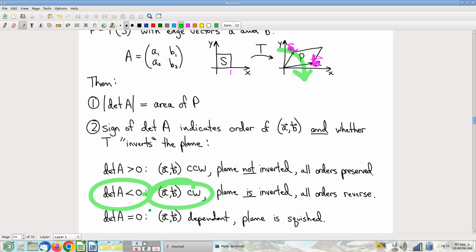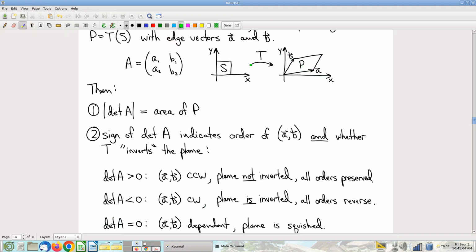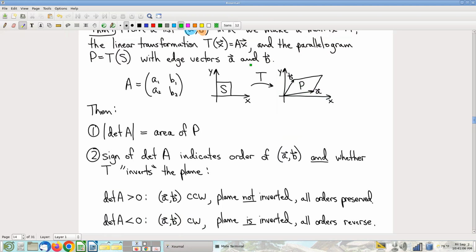Okay. Yes? What's this plane inverted? Yeah, right. That's the next thing I was going to get to. What I've done here is make statements about this pair of vectors and whether the pair is clockwise or counterclockwise. Here's the thing, though.